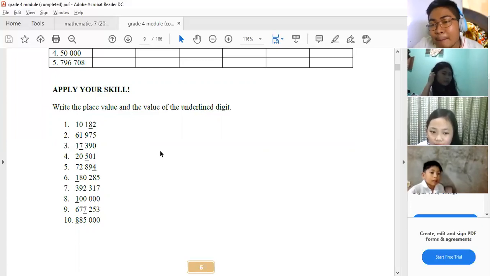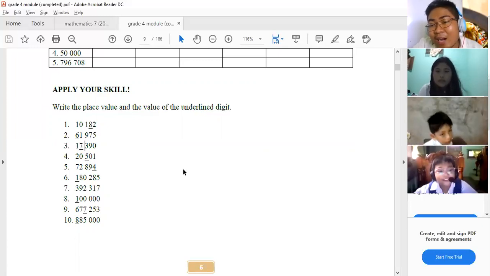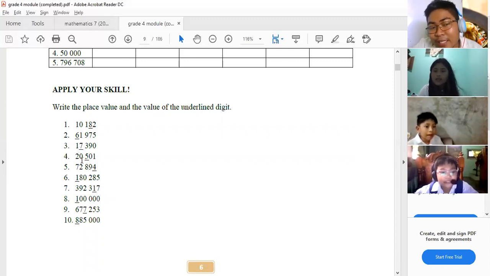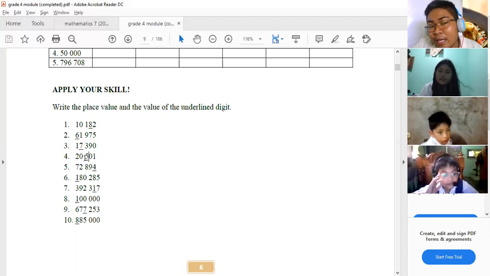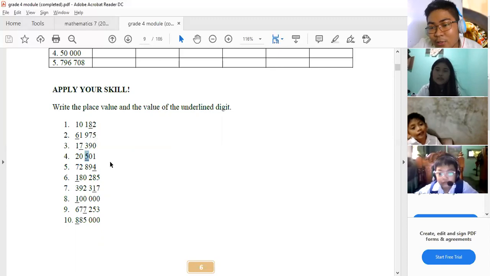How about the value? 60,000. For 7, number 3, this is thousands. The value is 7,000. For number 4, we have 5. This is hundreds. The value is 500.